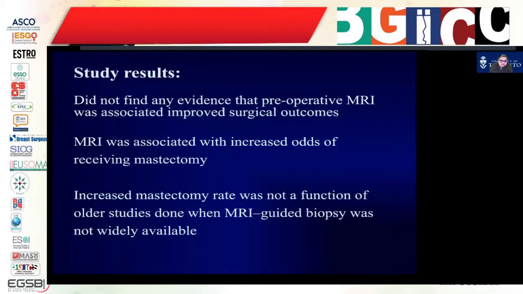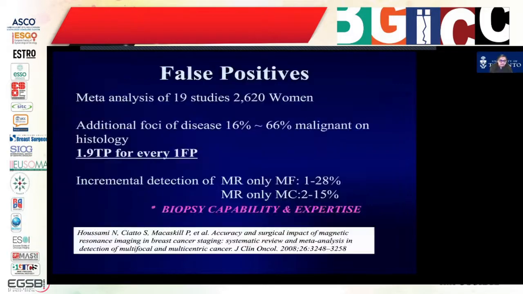MRI was associated with increased odds of receiving mastectomy, and increased mastectomy was not a function of older studies. Like we always say that, oh, in the past there was no MRI intervention and therefore women had more mastectomies. Now we have the capability of doing MR biopsy and directing the surgeons more accurately. So their study didn't confirm that.